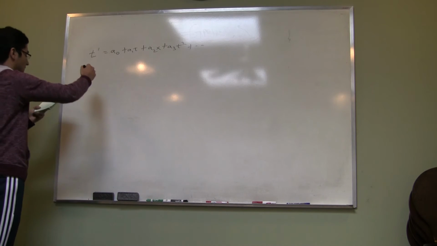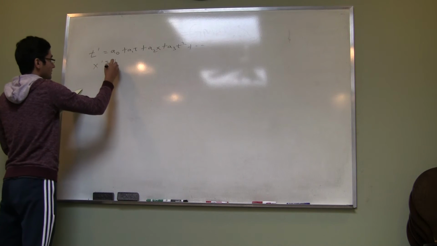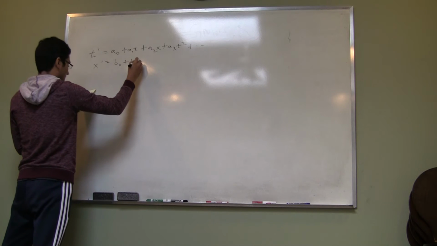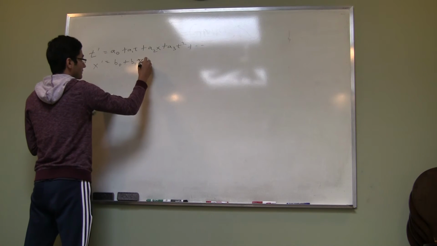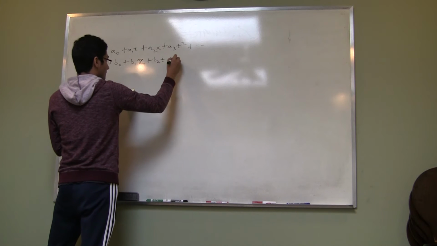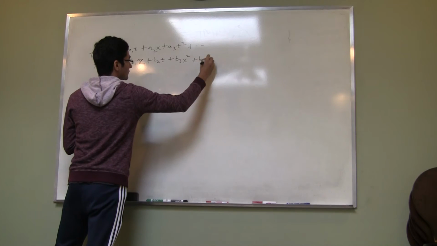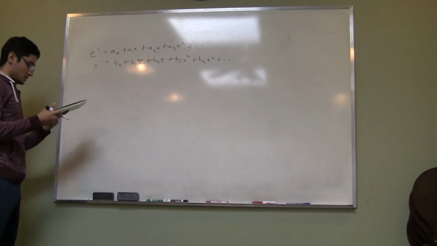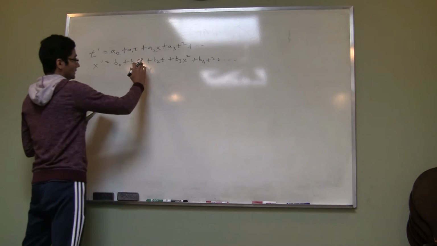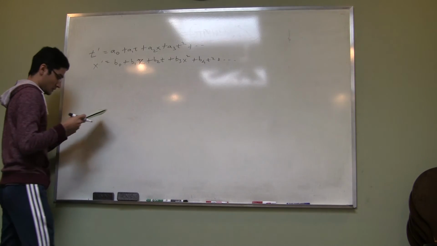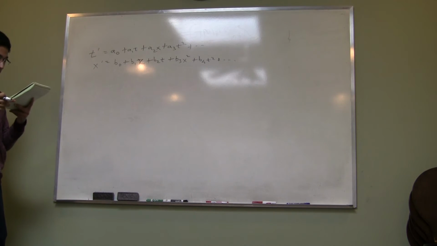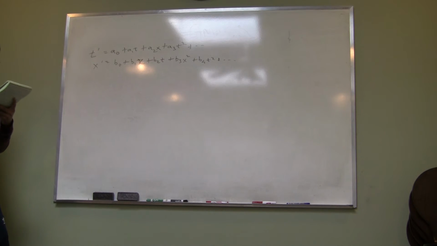And the same for x prime, equal to b0 plus b1 x plus b2 t plus b3 x square plus b4 t square and so on. Then you neglect the higher order terms, because Newton's first law holds in all inertial frames, meaning frames cannot be accelerating, and therefore we assume a linear relationship.